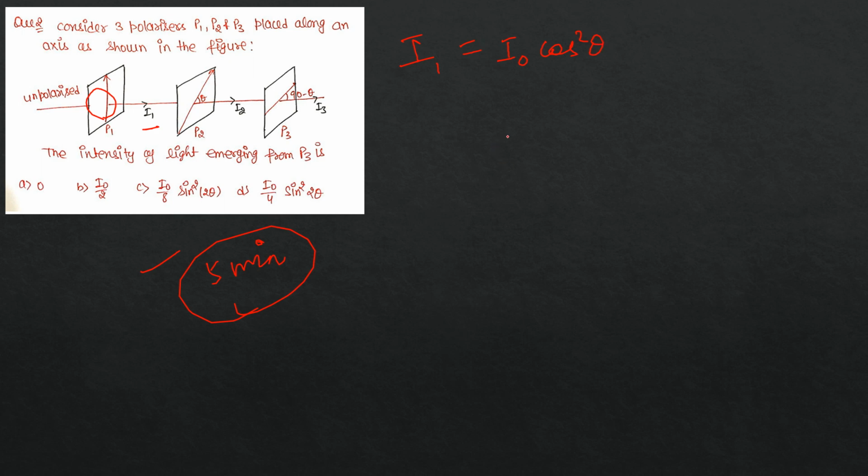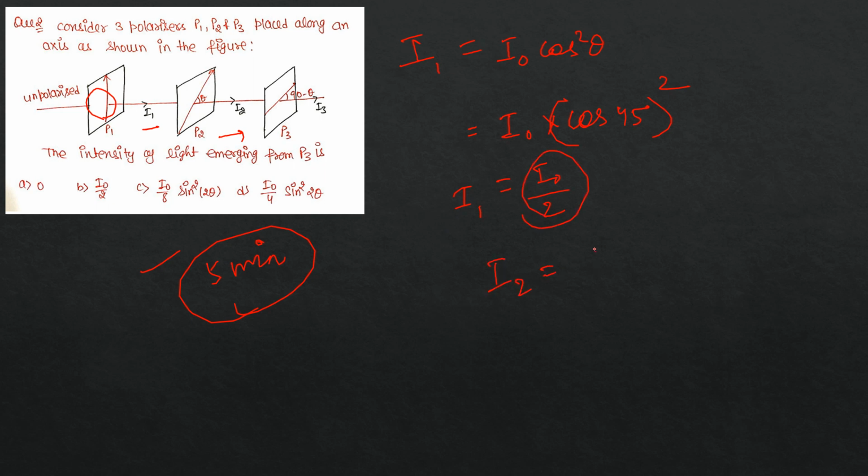This is your 45 actually. So it will become I naught by 2. So I1. Now it will go again to this. So I2 will be what?